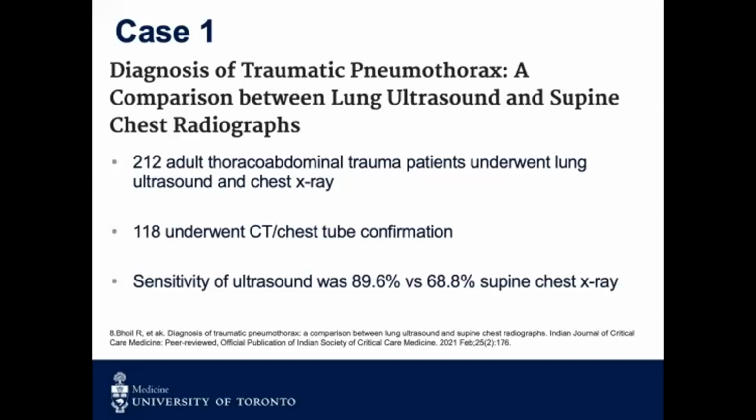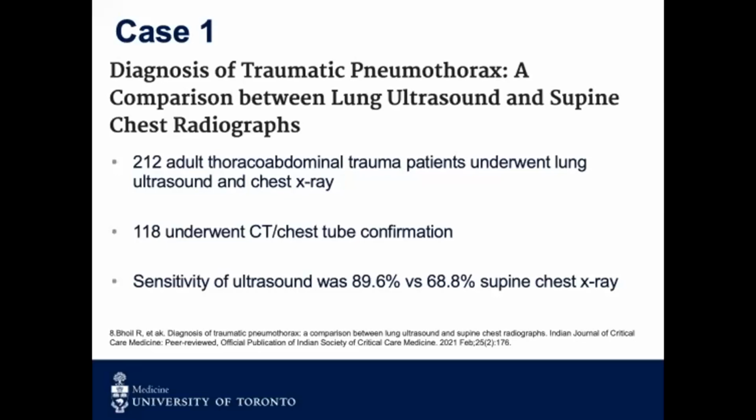That ended up being 118 out of the 212. What they found was that there were 48 true positives on CT or chest tube. Among these, ultrasound was able to correctly detect pneumothorax in 43 patients, while supine chest x-ray was able to identify 33 cases.